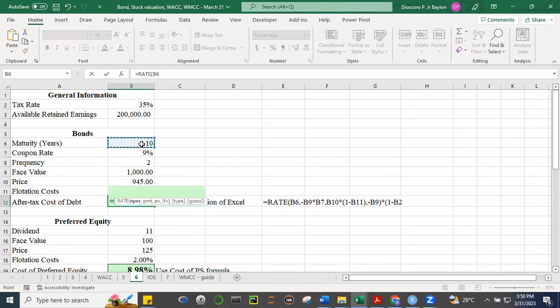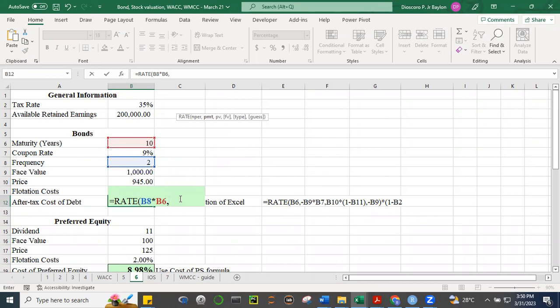Kaso, semi-annual yan kaya dapat 10 times 2. Di ba? Nawala yung isa. 10 times 2 dapat. Okay? 10 years yan, pero semi-annual. So dapat, ang number of periods is 20.